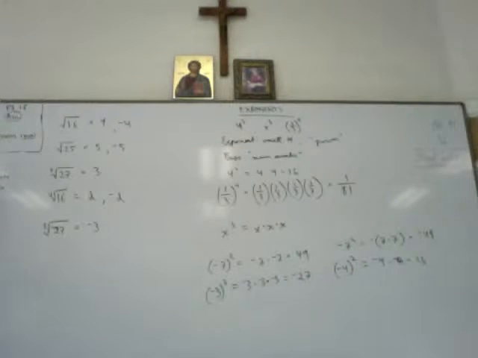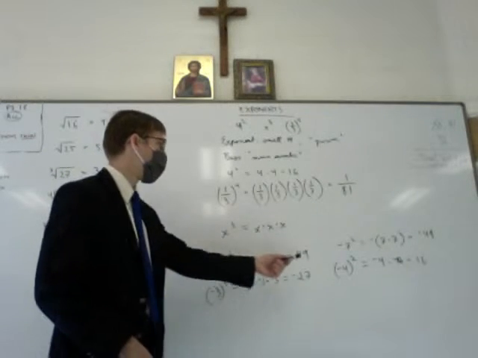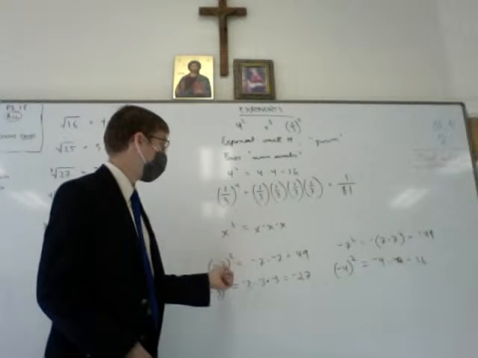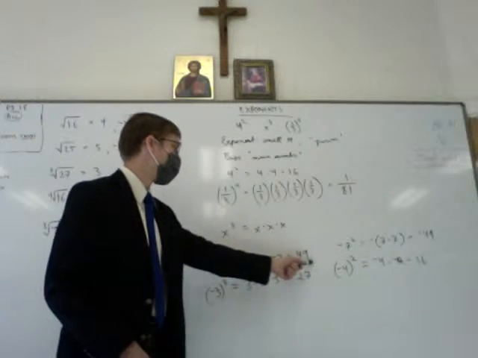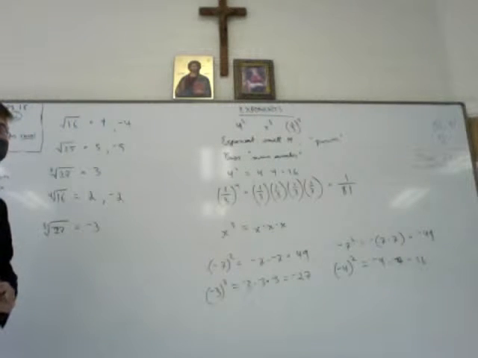Here's something that we can't do. Notice how -7 squared gives us what? 49. What about 7 squared? 7 squared gives us 49.